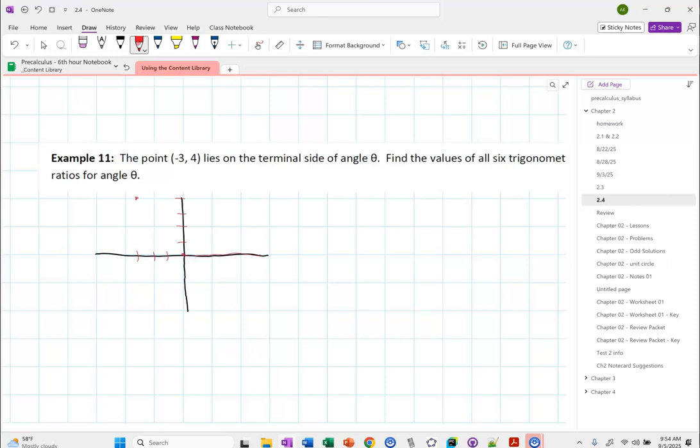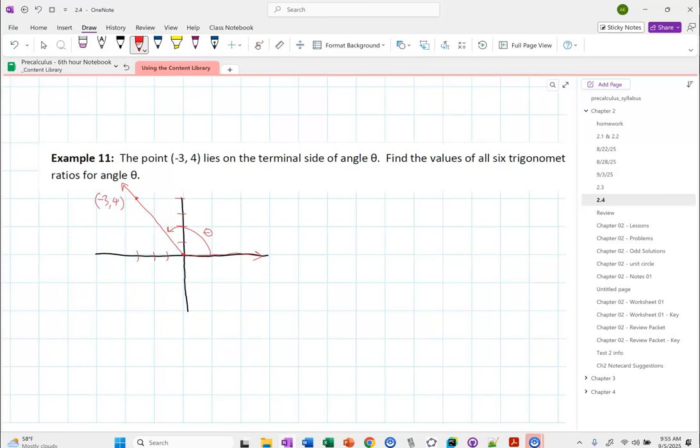So I'll draw my standard position angle. There's the point -3, 4. Everybody okay with the picture I drew? No big deal, right?